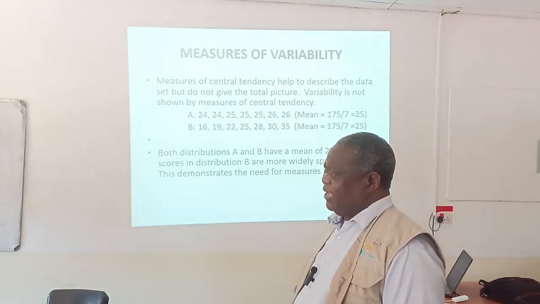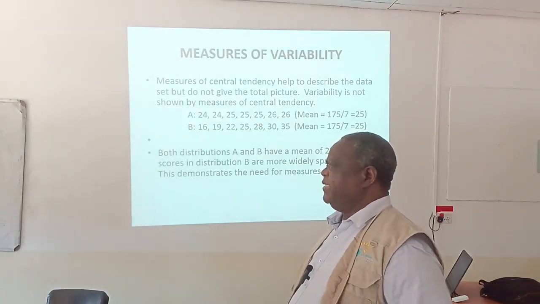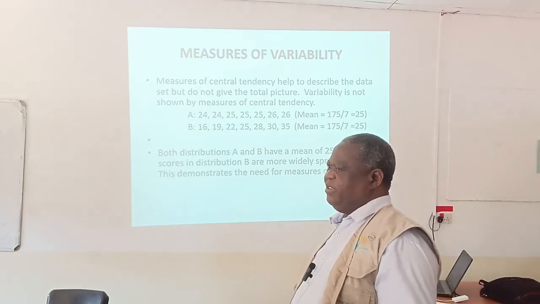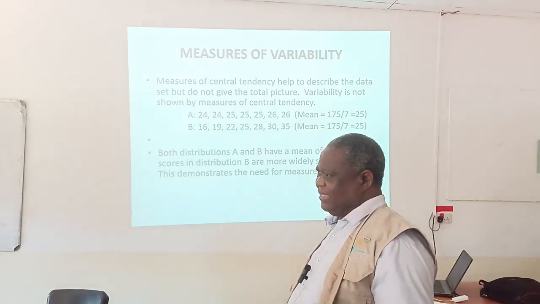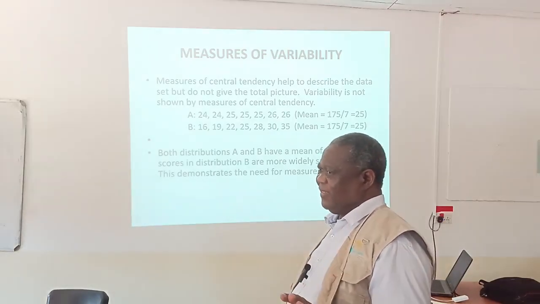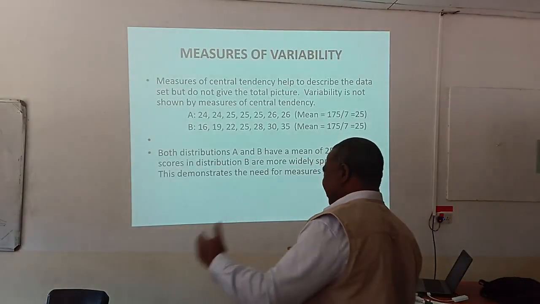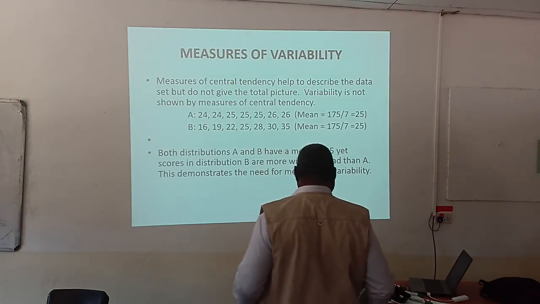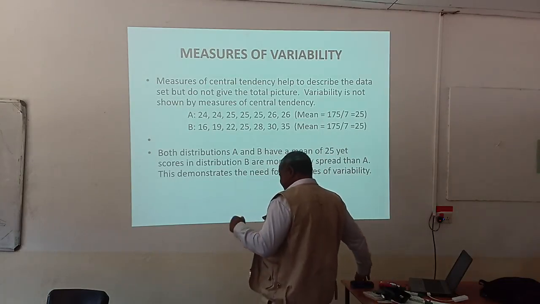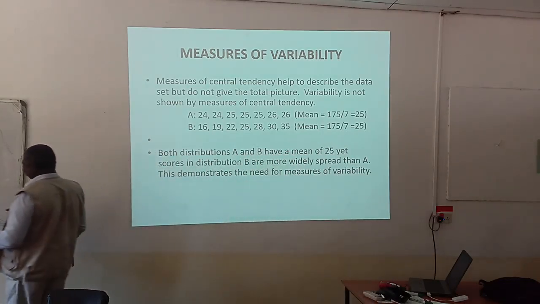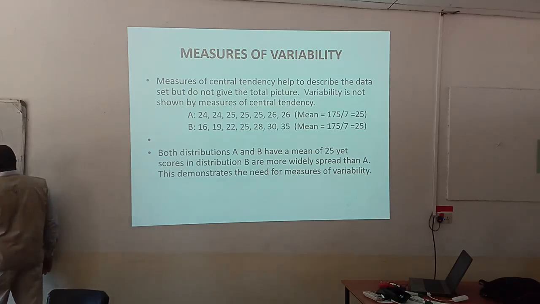So the measures of central tendency, they help us to give an idea of the average performance in a distribution. The mode gives us an idea of the average performance. The median, similarly, an idea of the average performance. But the best measure of average performance would be the mean.